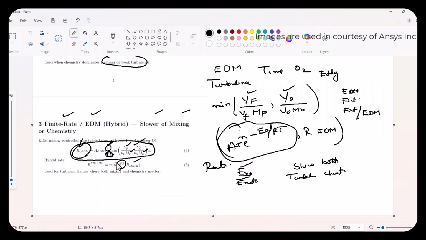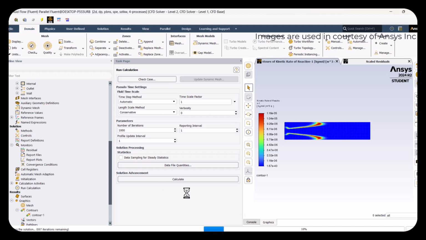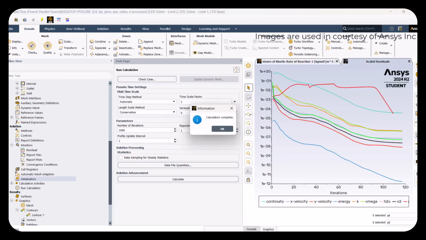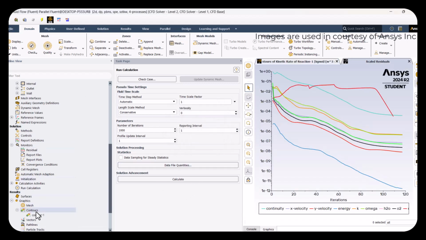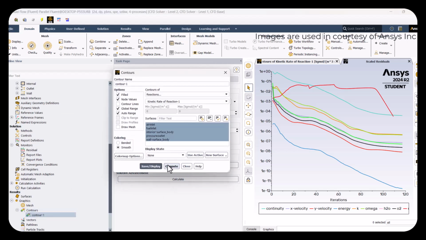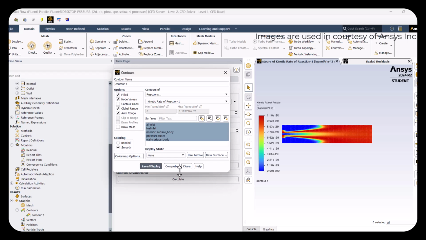Obviously it will take the minimum of either this one or this one, right? But according to the Arrhenius rates, we know that if the temperature is low, the entire reaction rate is low, so it will take this term for the reaction rate evaluation. And if you take that as the reaction rate, then there will be again no reaction rate, 10 power minus 28. It's very low, nothing you are able to see.